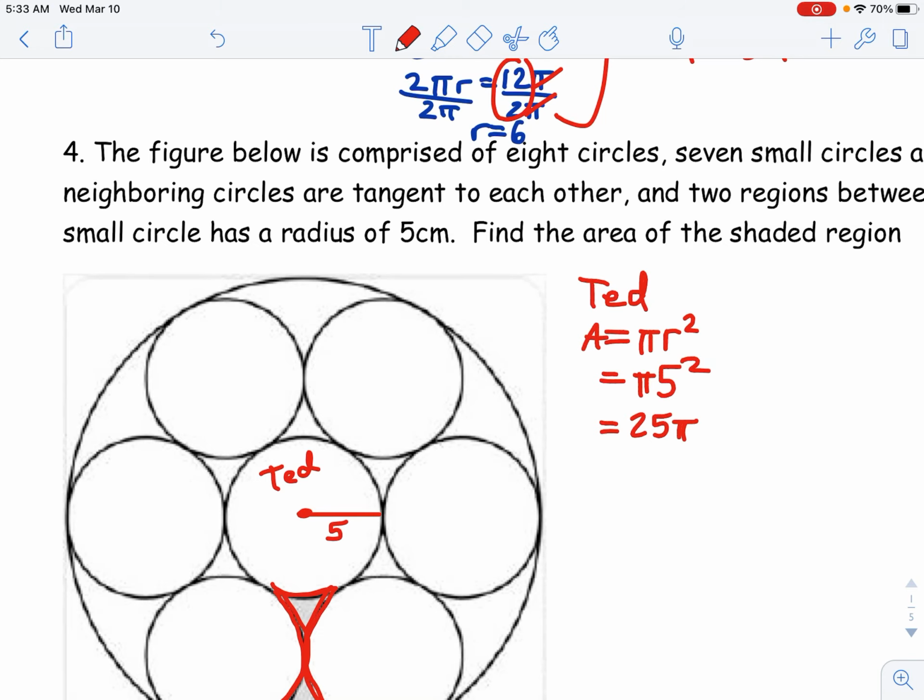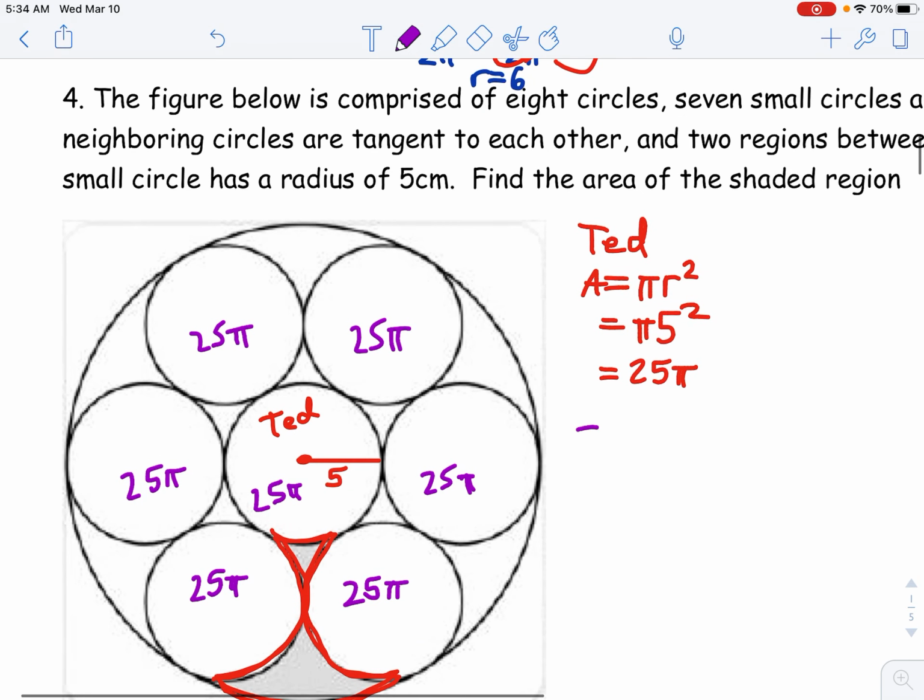All right, that means all these little circles have an area of 25 pi. We'll call this Ted's family.